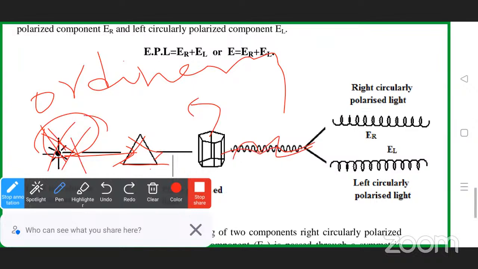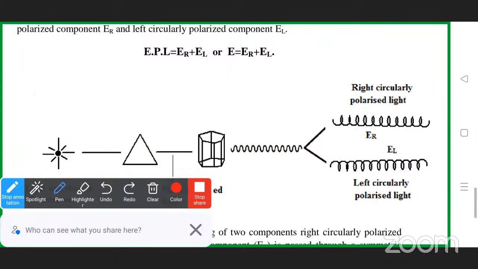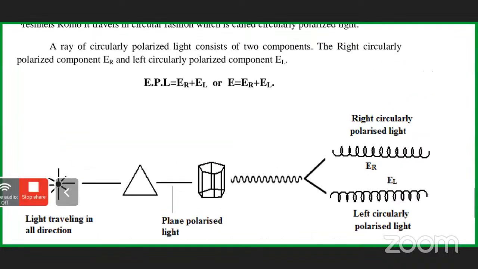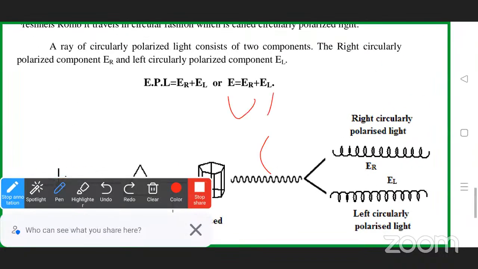Here you see X, Y, Z, all the directions, it does not have a particular orientation. When it passes through this, it has only one direction. This is the unidirectional light.